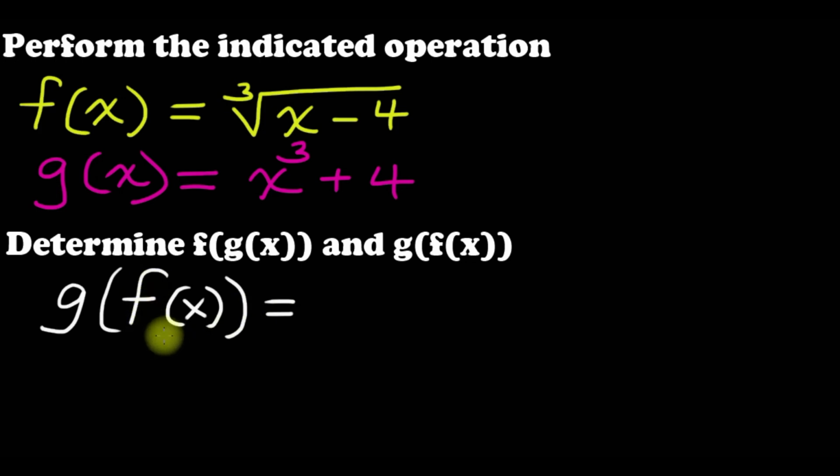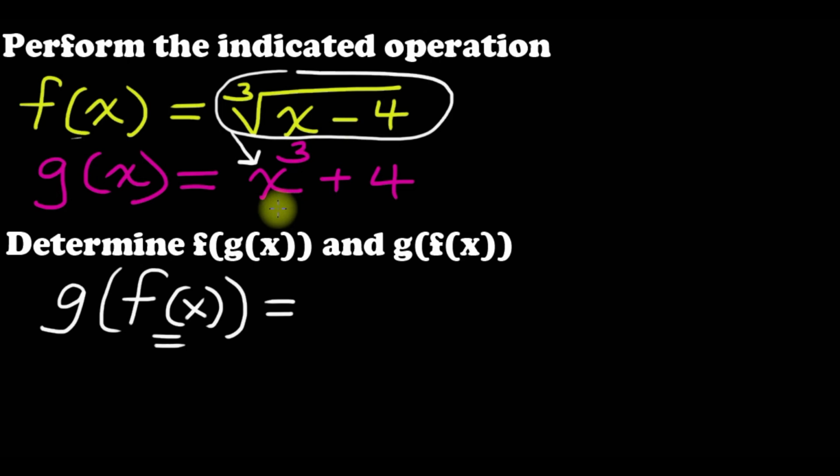You're going to take f of x, which up here is cube root of x take away 4, and we're going to plug that into the x of g of x. Because right here it's g of x, so f of x is the x.